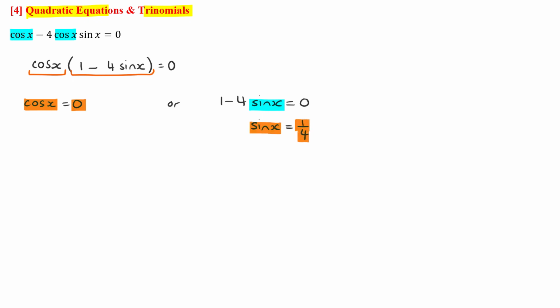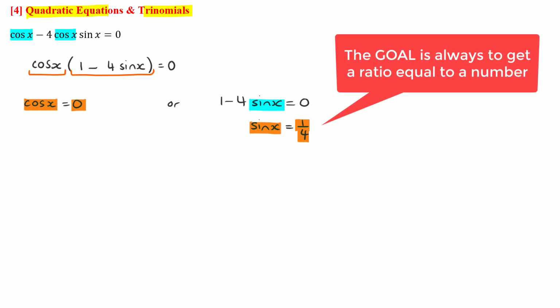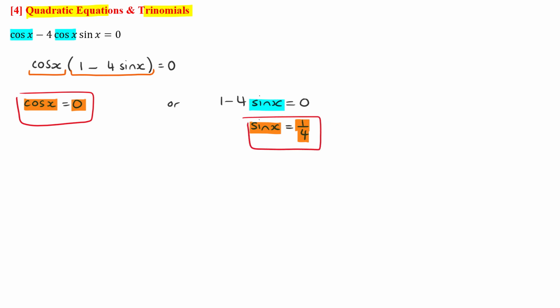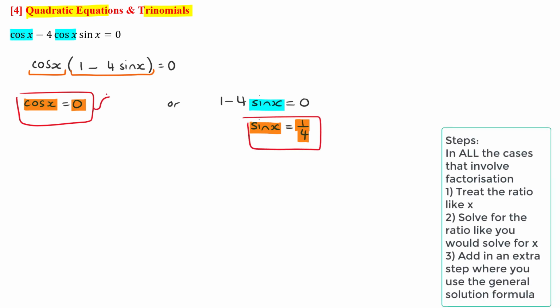And so we can go ahead and solve a general solution over here and over here. And if you think back to it, we know that a cos general solution gives us 2 answers, and a sine general solution gives us 2 answers. So in total for this question, there will actually be 4 answers to this question over here.